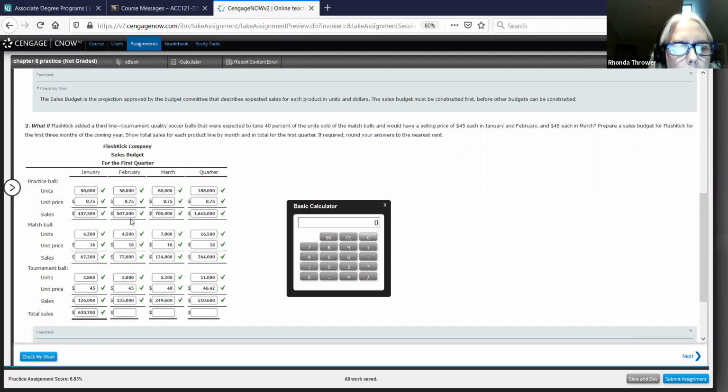And then we're going to add up the total sales for February, starting with the practice balls, 507,500. And then we'll add to that 72,000 for the match balls.